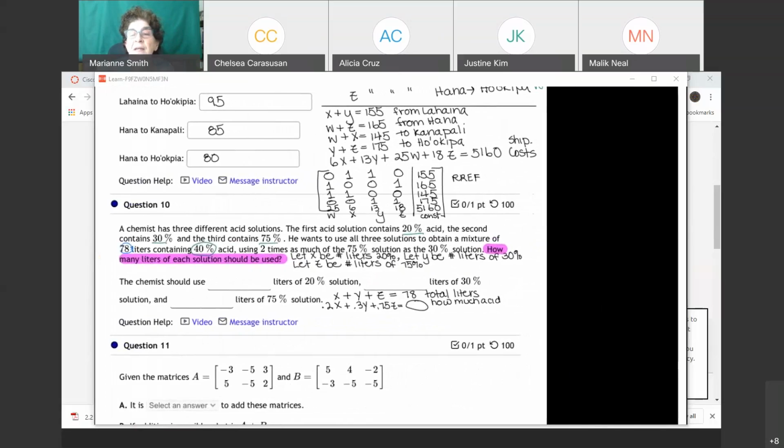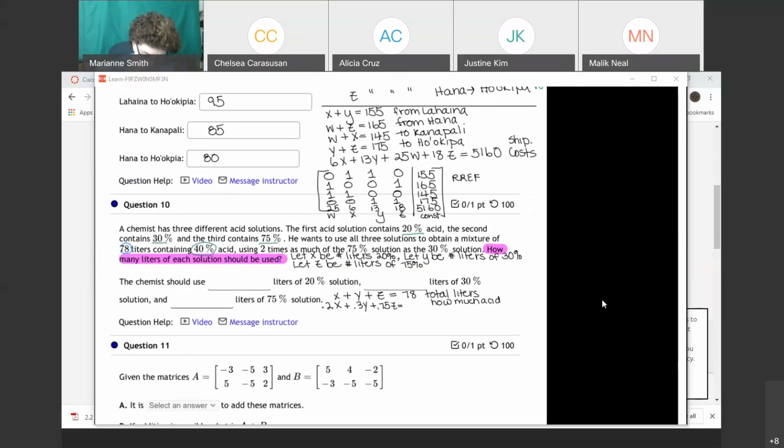It should be 40% acid, right? How many liters are in the final solution? 78, right? You multiply. So take 78 times 0.4. That'll tell you how many liters of acid will be in your final solution that you want to be at 40% concentration.